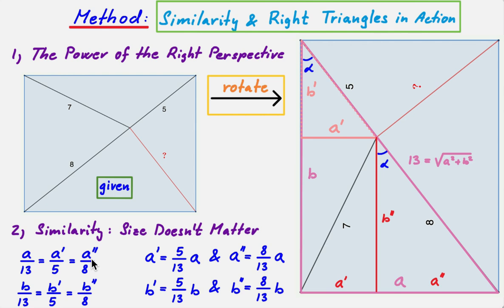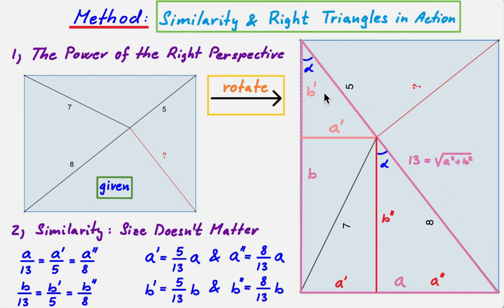We have also the small triangle over here on the right corner. And that one has notation with double primes. So you see this A double prime over here is related to its hypotenuse as the big A is related to the total length of the big hypotenuse.